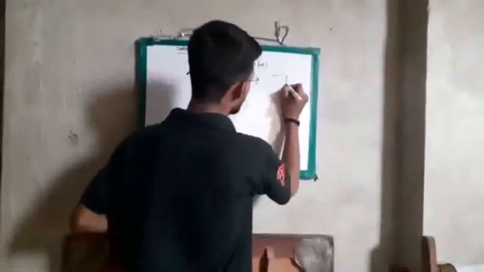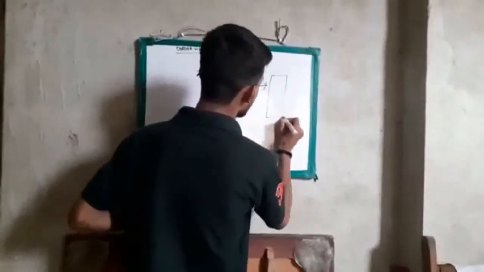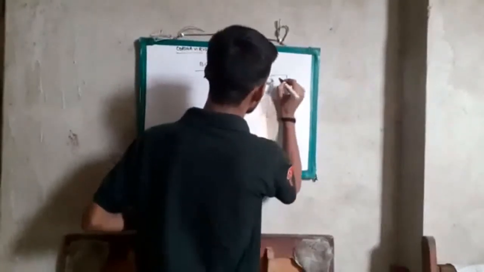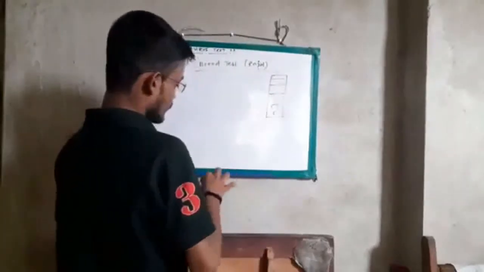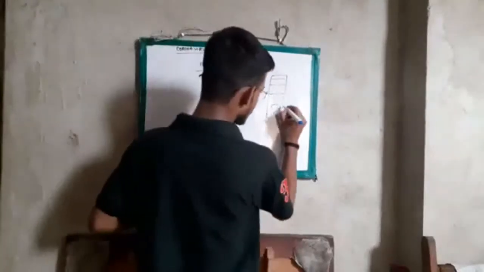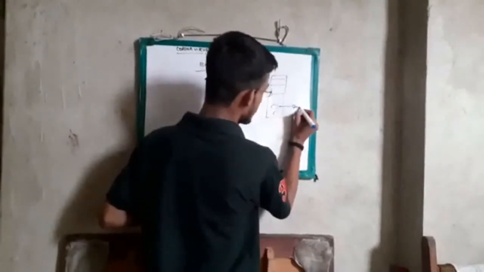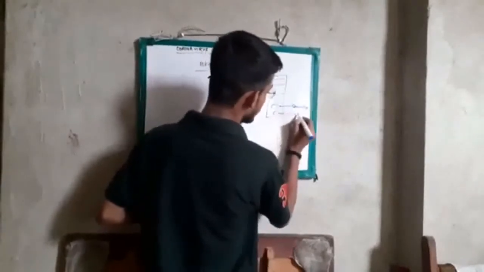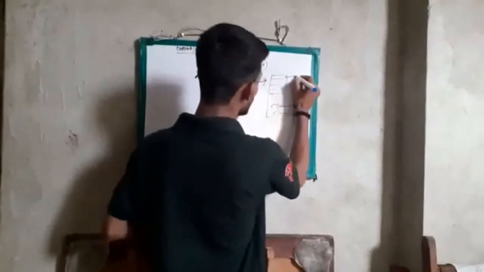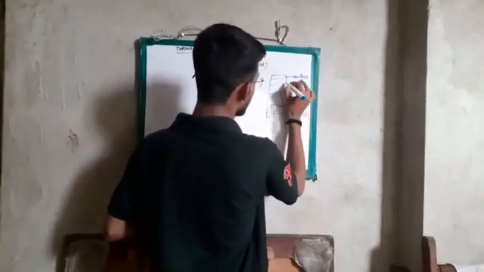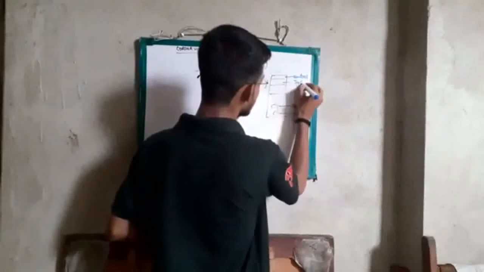Now, how do the kits look? Here is a sample. There is a buffer section. There is a control. There is an IgG.